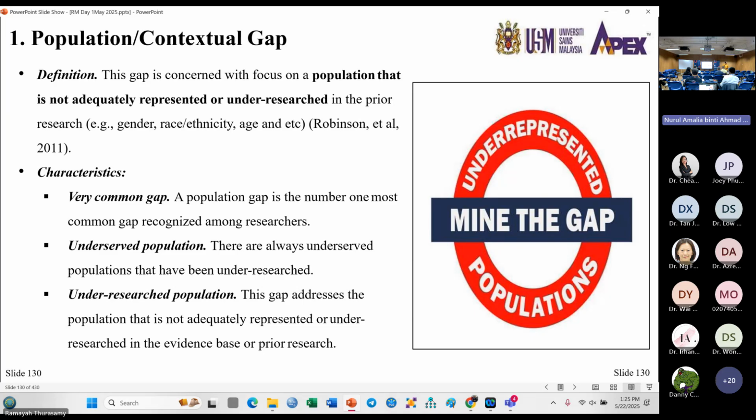We can do a replication study, right? A model done in Turkey, you want to test it in Malaysia, whether the same result comes out. That's a replication study. There's a contextual gap, right? Different population. We can do that. For a paper, it's okay, but not for a PhD.